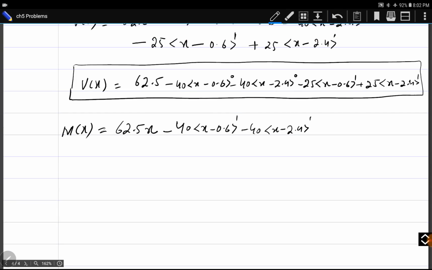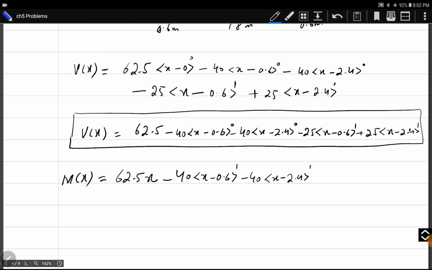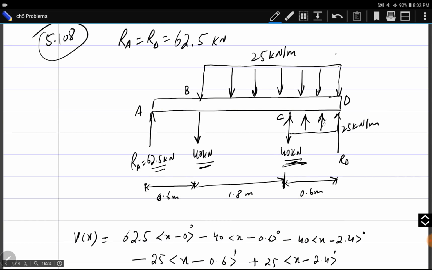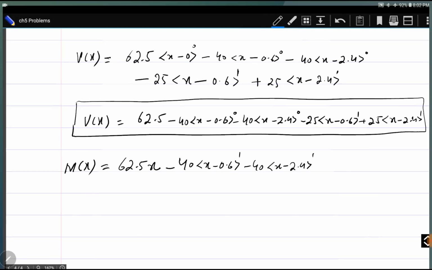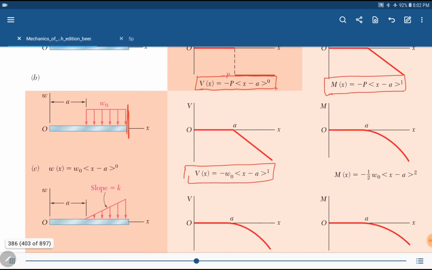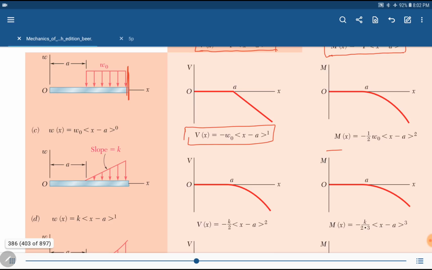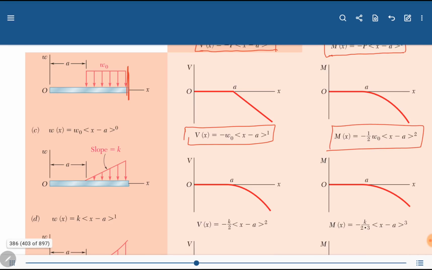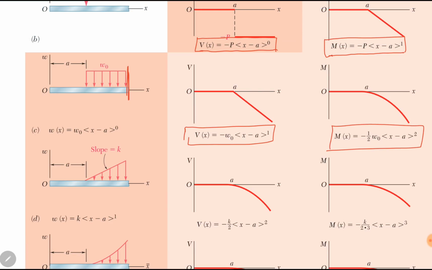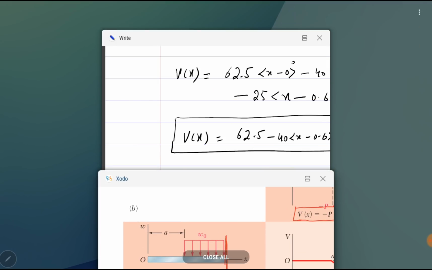Okay, the next function is for distributed load, downward distributed load and upward distributed load. For distributed loads, bending moment function is like minus w naught by 2 into x minus a power 2. For downward forces, it is negative w naught by 2. For upward forces, it will be positive w naught by 2.